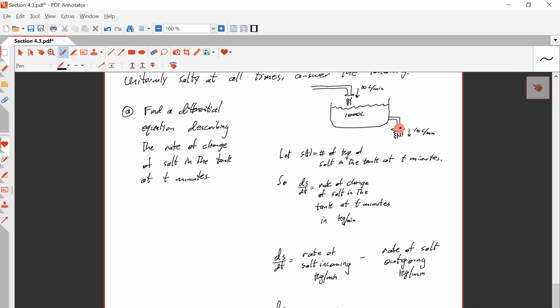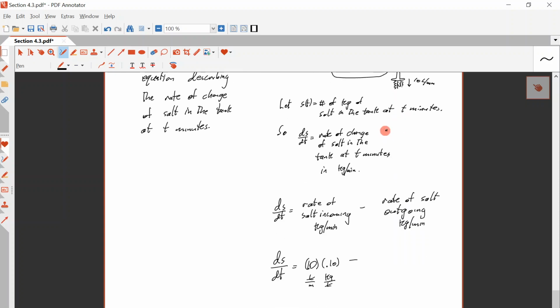So you also have 10 liters a minute coming out. We're going to do the same thing, right? We've got 10 liters a minute coming in at 0.10 kilograms per liter. And now we've got 10 liters a minute coming out of what, in terms of kilograms per liter?